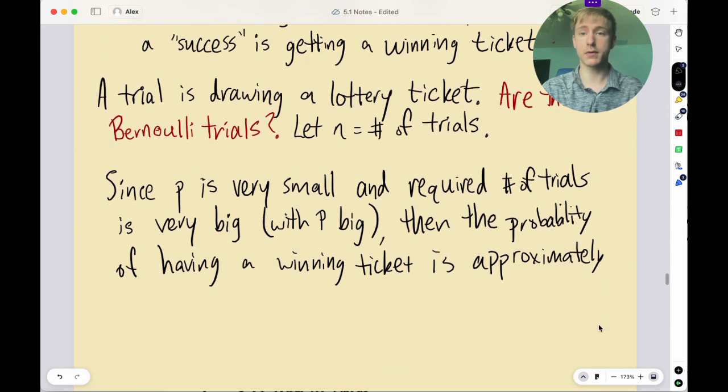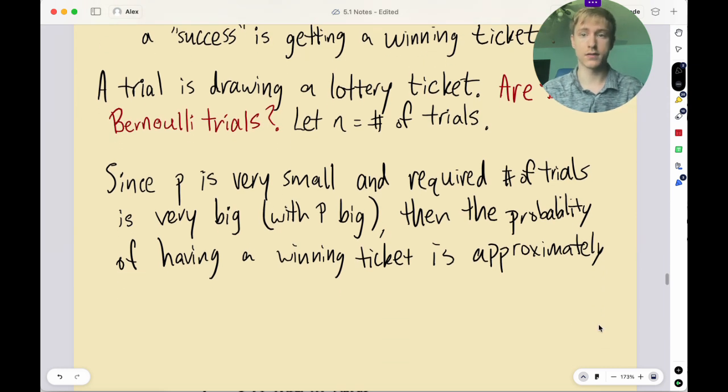Well, it'll be approximately Poisson, right? Because the number of trials is big and the probability of success is small. So it's approximately Poisson with parameter lambda equal to what?